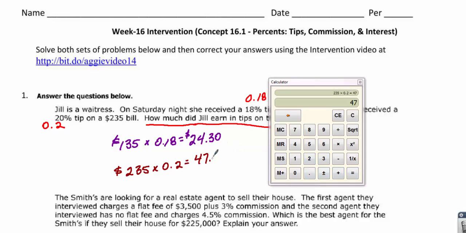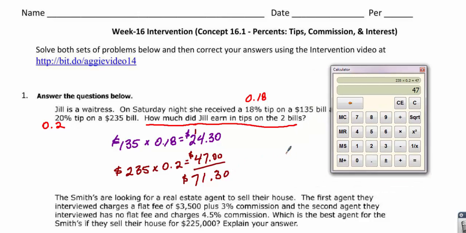That was $47, which means altogether she earned $71.30. So that's our answer to the first part of this, $71.30.